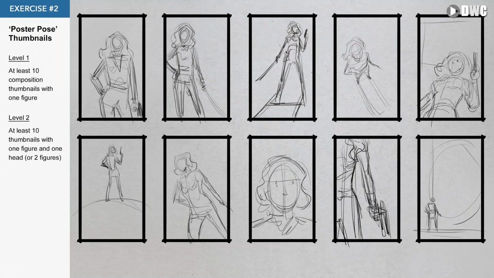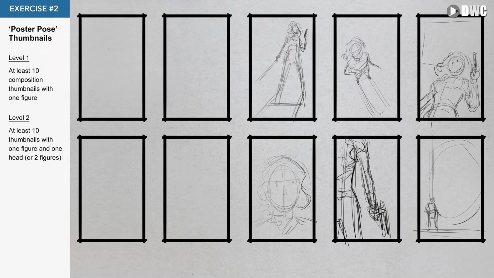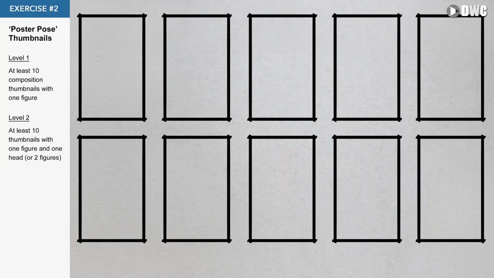Okay, so I'm going to do a couple, one more set, and I'm going to demonstrate we can have two elements now. So play with just having one figure, various variations, and then try to do two characters. Okay, I'm quickly going to do some warm-up sketches of two characters now, or one head and a figure.